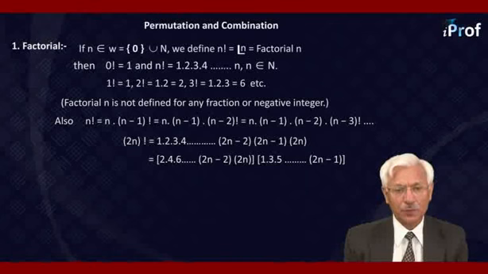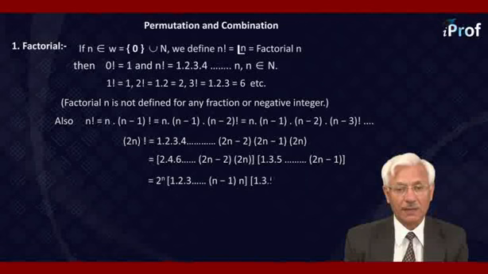In the first group of even numbers, we can pull out 2 common from each factor. That becomes equal to 2 raised to power n, because 2 can be pulled out from each of the n factors. That gives us 2 raised to power n multiplied by 1 into 2 into 3 up to n minus 1 into n.